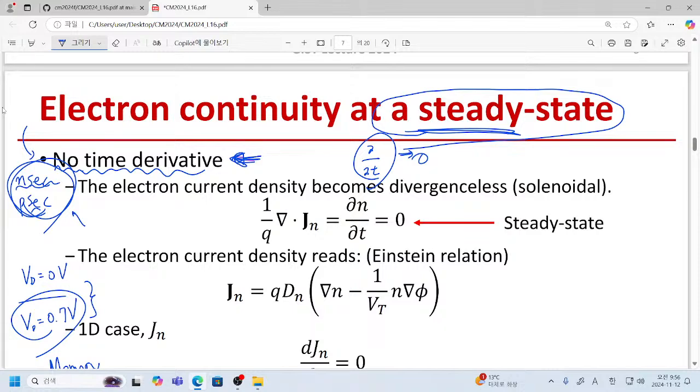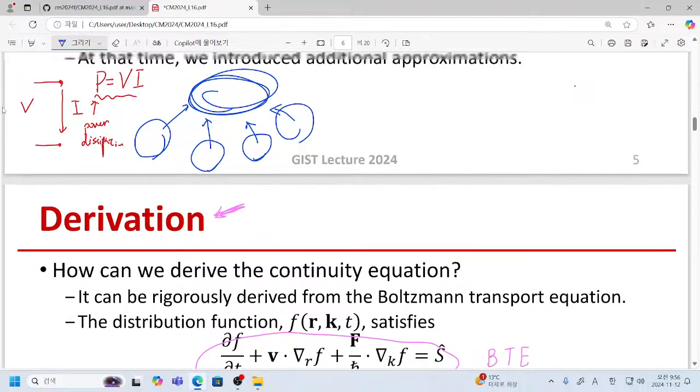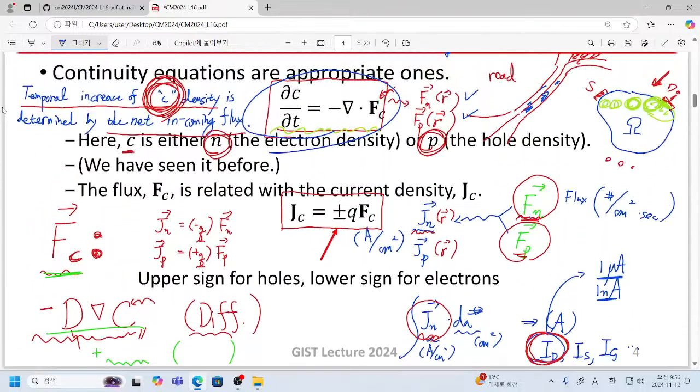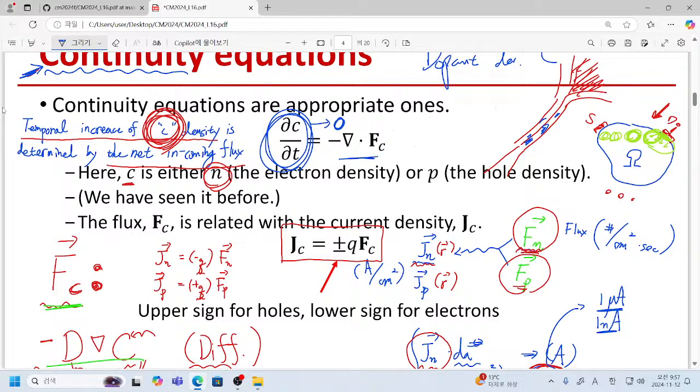Although we had to solve this continuity equation, under the steady state approximation, the left hand side term can be safely set to be 0. So we will have just a vanishing divergence of our flux.